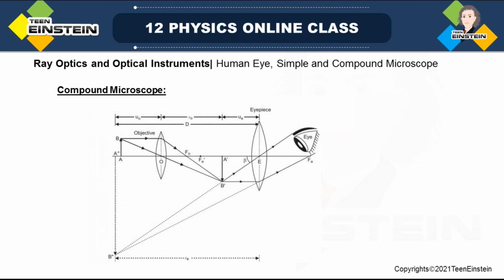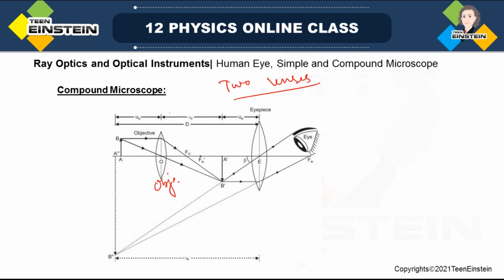Now we'll go to the compound microscope. There are two lenses here, as you can see. One is kept near the object. This is AB, the object. The one kept very near to the object is called the objective lens.